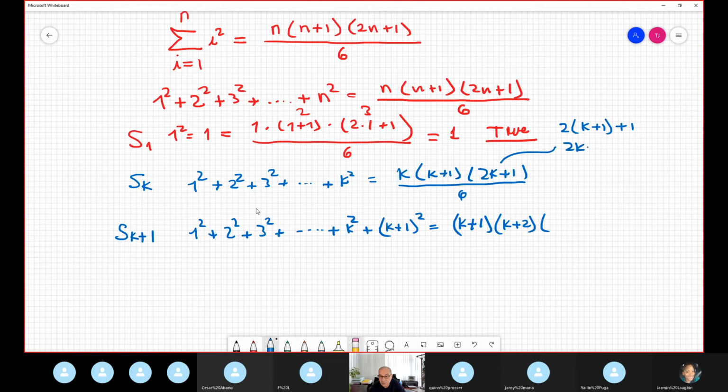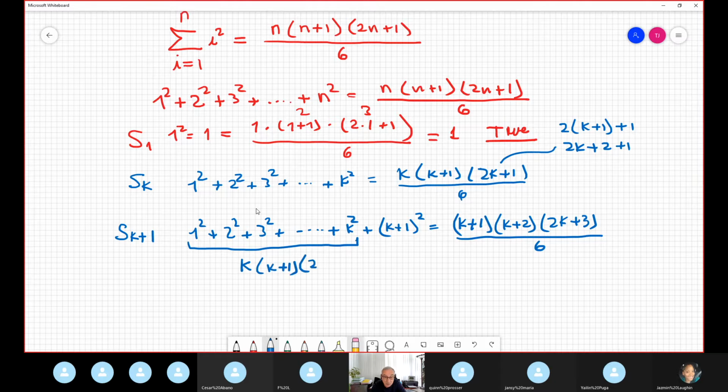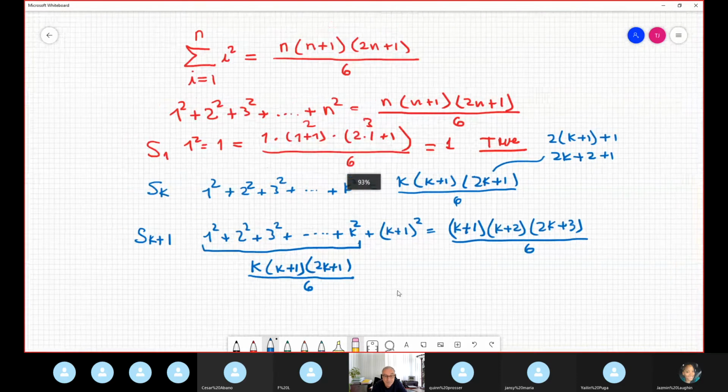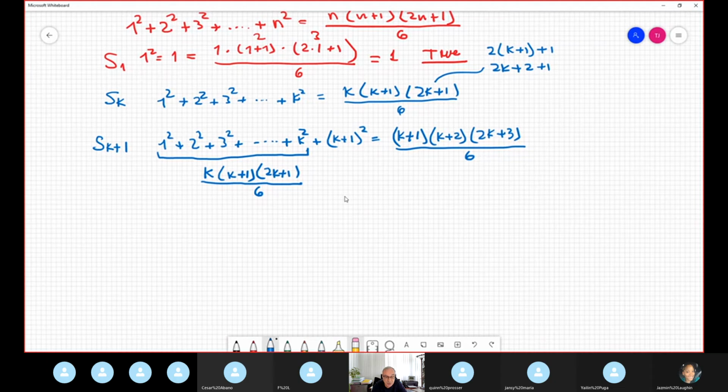So 2k plus 2 plus 1, now 2k plus 3, divided by 6. I need to prove that, but under the consideration that this guy is equal to k times (k plus 1) times (2k plus 1) over 6, which was the assumption we made in the first part. And the rest is just algebra.